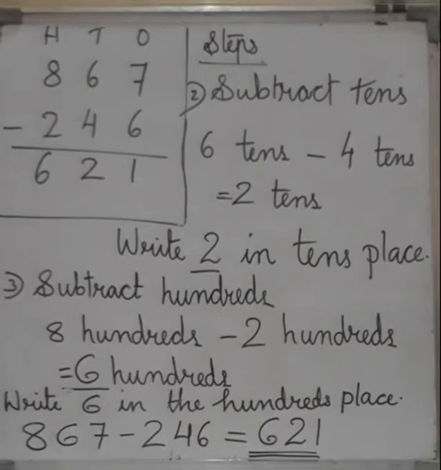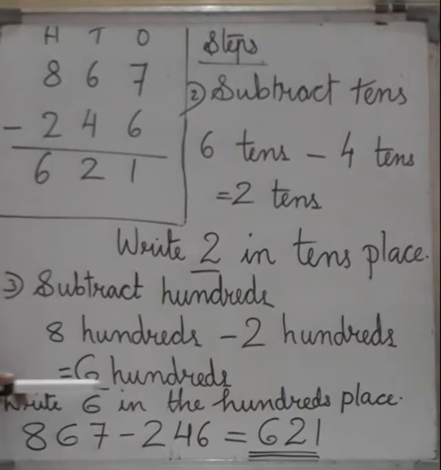Now we are going to subtract numbers in hundreds place. Subtract hundreds. Here 800 and 200. 800s minus 200s is equal to 600s. 8 minus 2, 6.